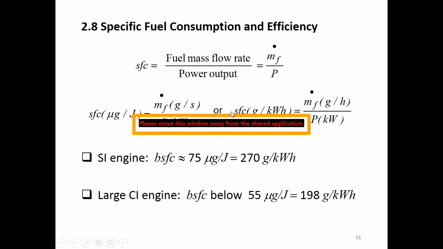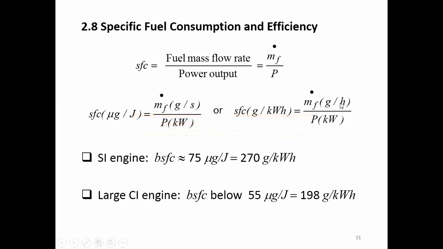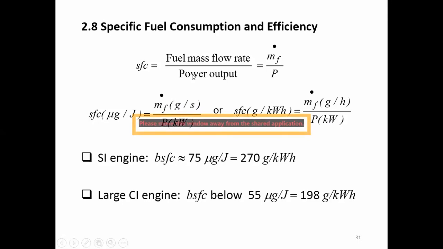And if you want your SFC in gram per kilowatt hour, then your fuel mass flow rate has to be in gram per hour. It's the bigger number than this one, because this is gram per second, this is gram per hour, and divided by the power, which is kilowatt. This power is the output power.